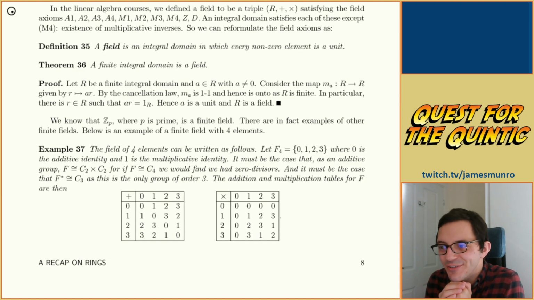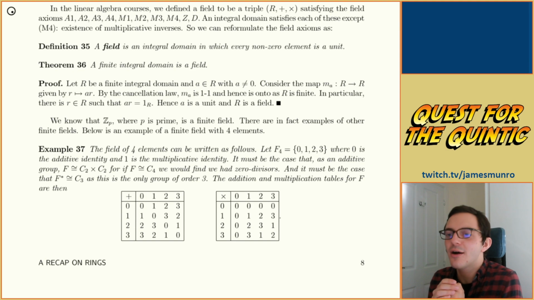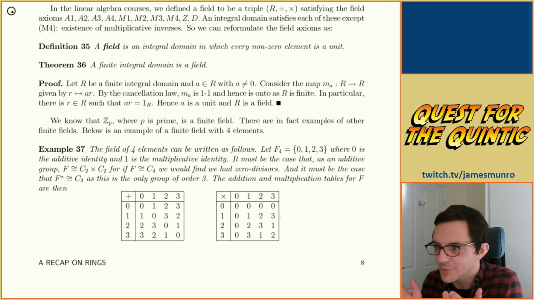I love this sort of proof. Consider the map given by multiplication by just anything. A is anything. By the cancellation law, the thing that was almost there, right? That cancellation law almost lets you divide. I think it's one to one. What does that mean?